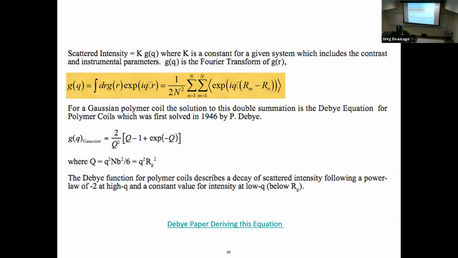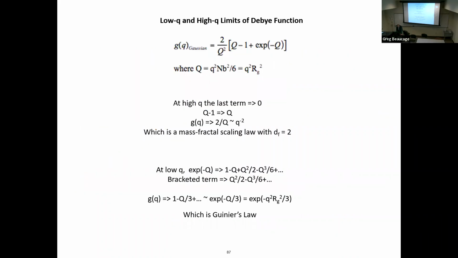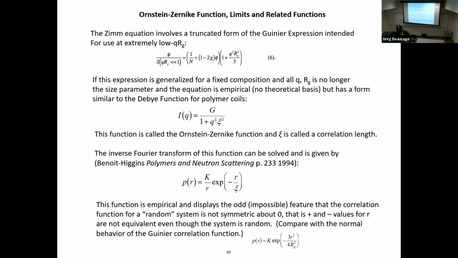Anyway, because you can't Fourier transform that, people, I guess, didn't like it. And then Ornstein and Zernike in a footnote mentioned, and also this thing in the limits, it matches: at high Q, it's Q to the minus 2, at low Q, you get Guinier's law, if you do the extrapolation of that. And then Ornstein and Zernike mentioned in a footnote that this function is a useful function because it had, for random systems, not for polymers.